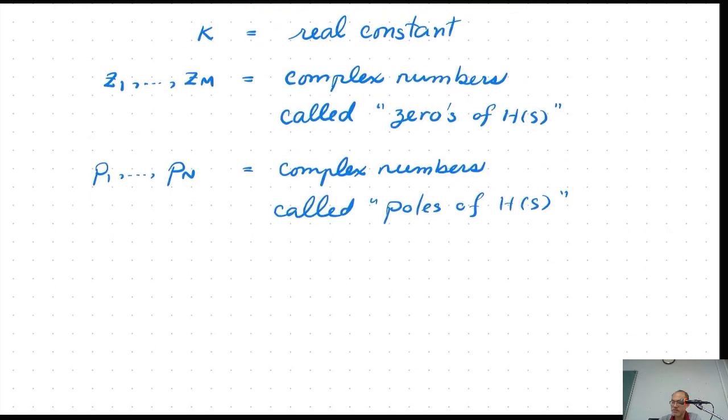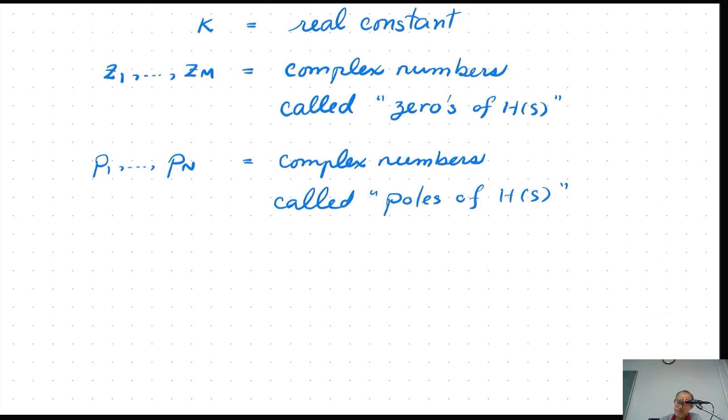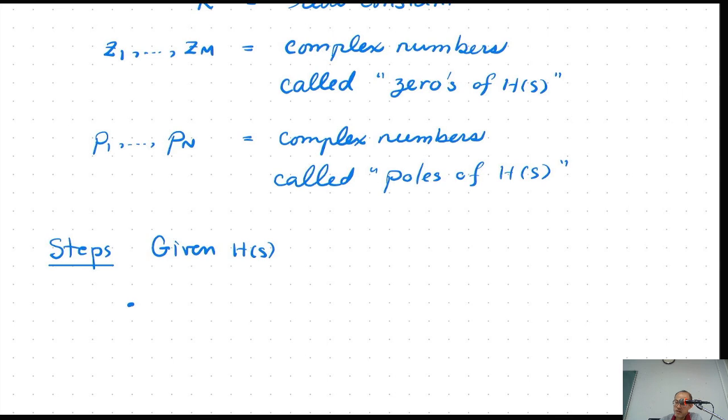Given H of s, break it into something called partial fraction decomposition.